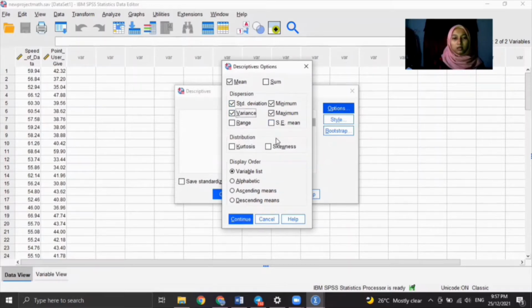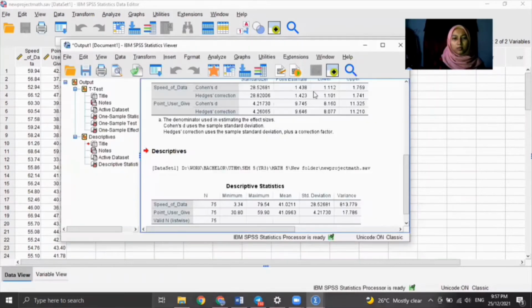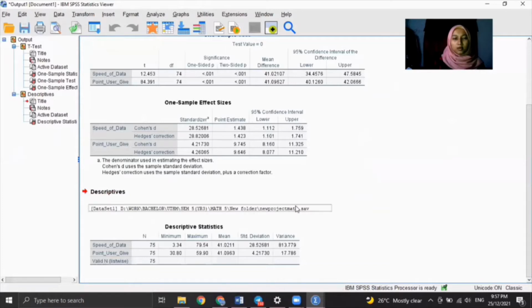Click the variance and then continue. Okay, so this is the descriptive statistic. We can see here the minimum for speed of data is 3.34 and point user give is 30.80, and then the maximum. And also we have the mean, standard deviation, and variance.